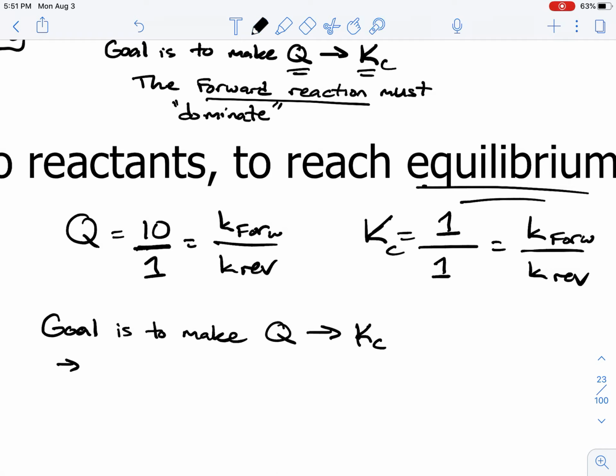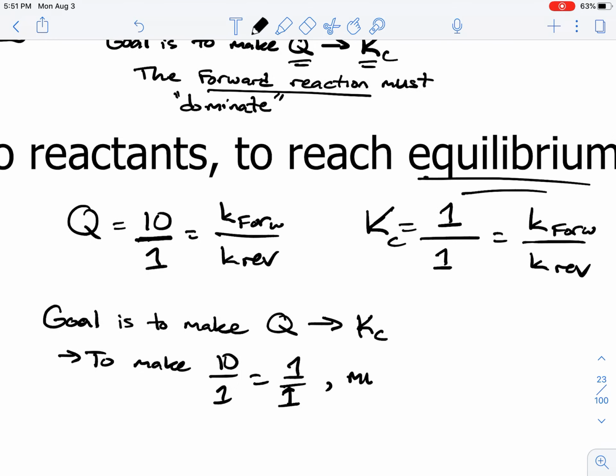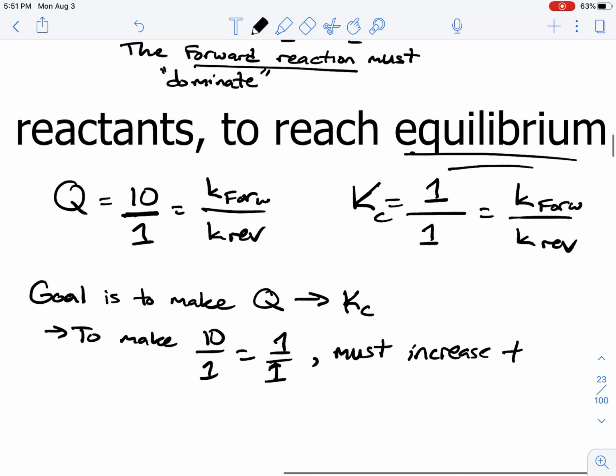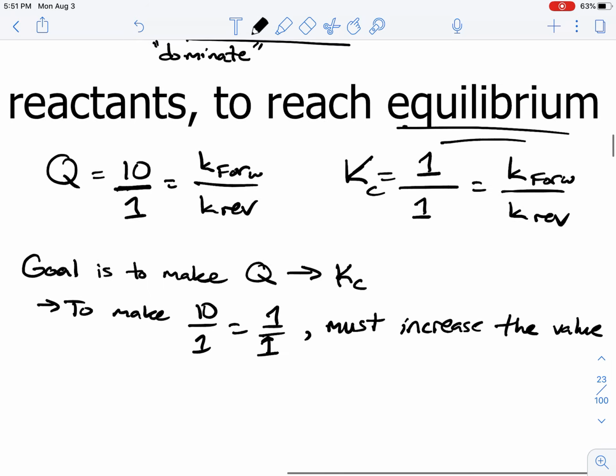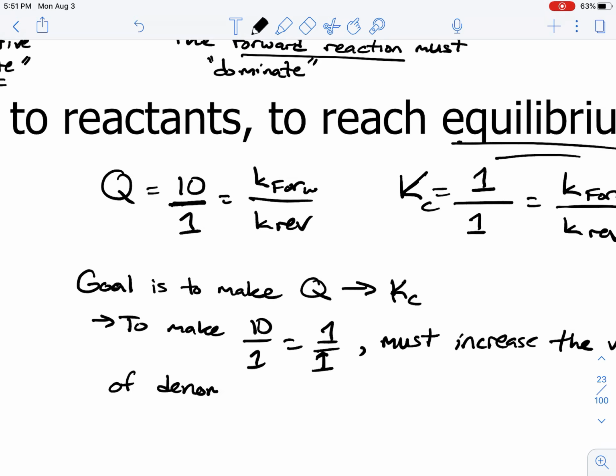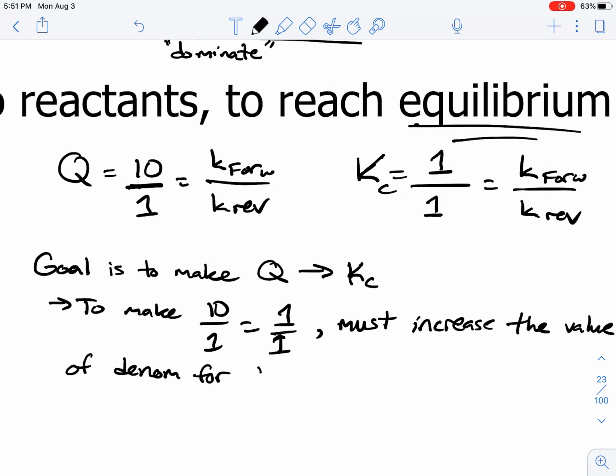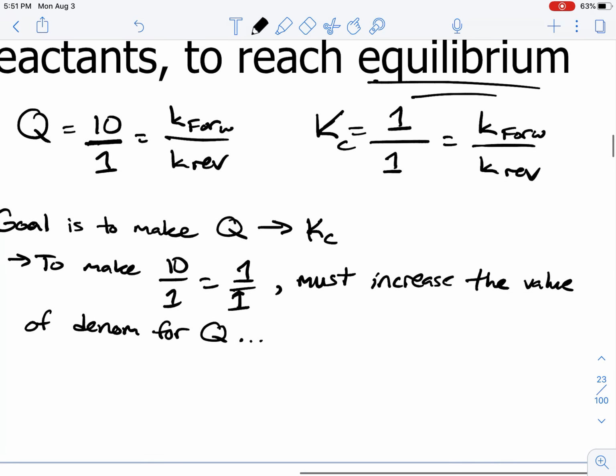And so to make 10 over 1 equal to 1 over 1, we must increase the value in the denominator for Q. Okay, so in other words, one way to make 10 over 1 equal to 1 over 1 is to make 10 over 10. Okay, because 10 over 10 is equal to 1 over 1.